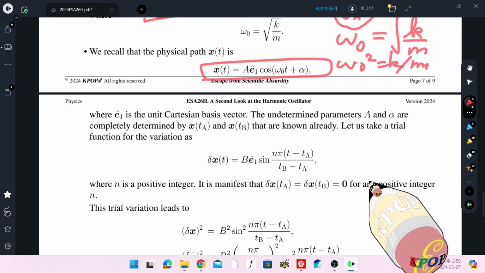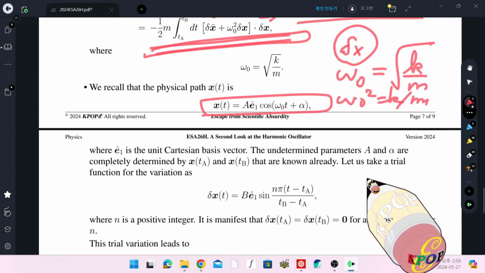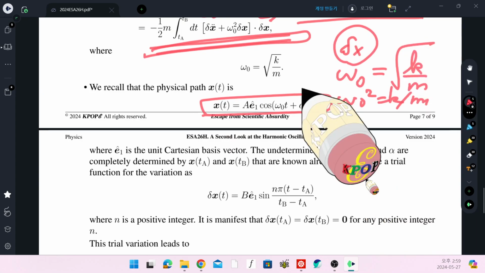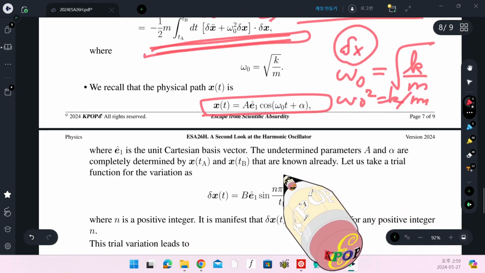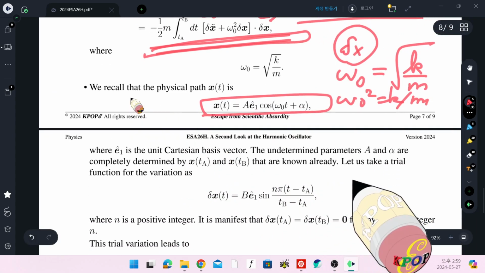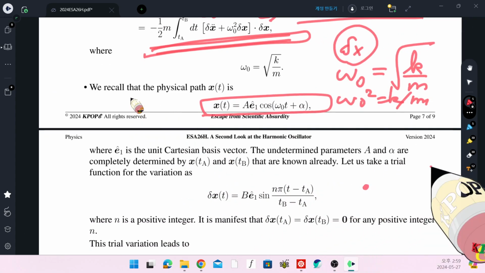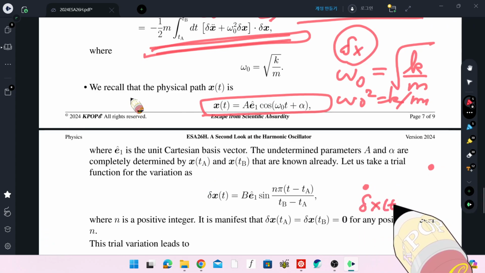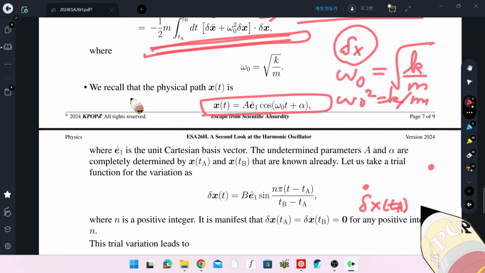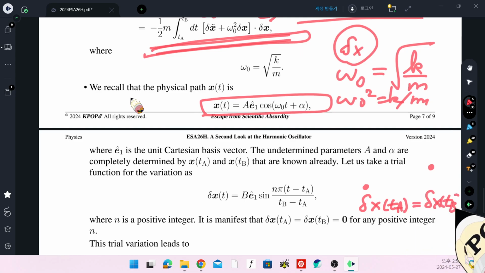And why don't we introduce a variation from the physical path? The variation of the physical path must satisfy that the variation evaluated at t_a and the variation evaluated at t_b must be 0.